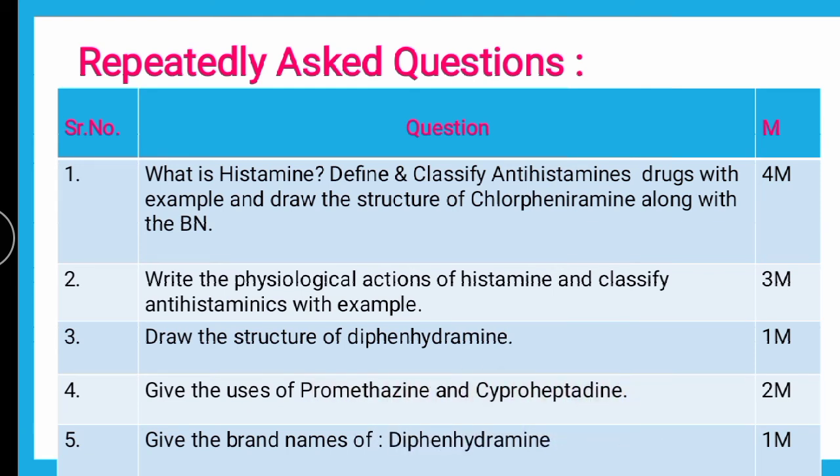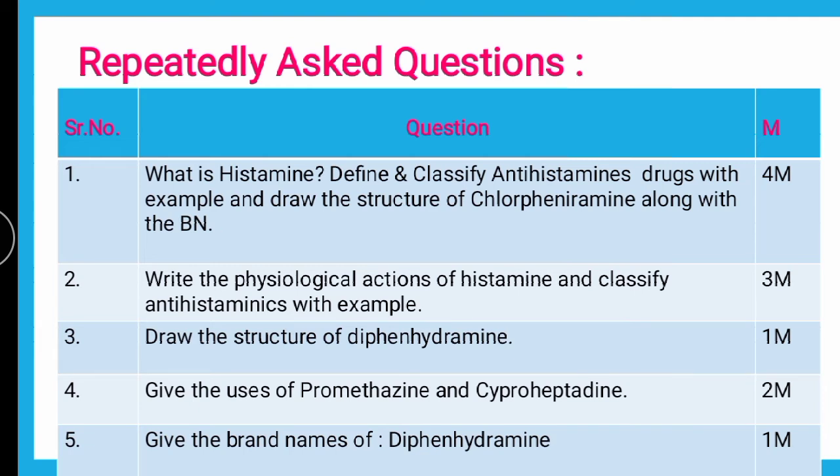So again, if you look into the classification, promethazine belongs to H1 receptor blockers, first generation, from the class phenothiazine. Promethazine hydrochloride contains the phenothiazine heterocycle, and cyproheptadine belongs to dibenzocycloheptanes. So these 2 uses you are supposed to give.